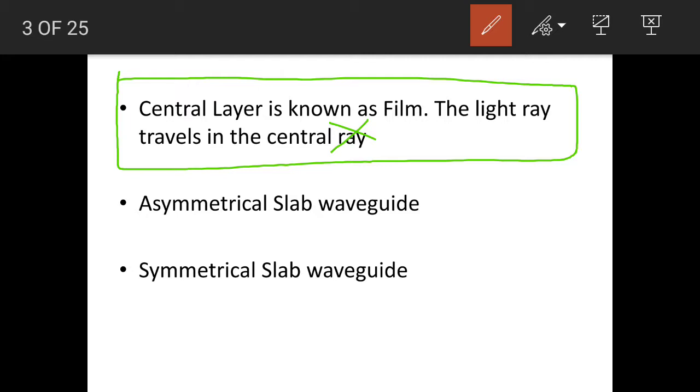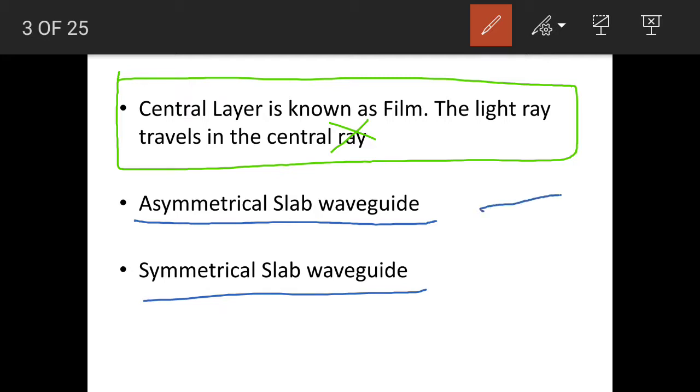There are two types of dielectric slab waveguides. We have asymmetrical slab waveguide and we have symmetrical slab waveguide. So let us consider the structure of the symmetrical slab waveguide and the structure of the asymmetrical slab waveguide.